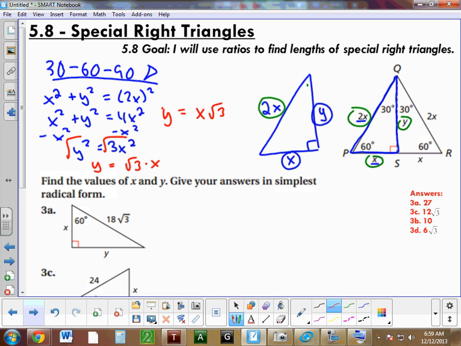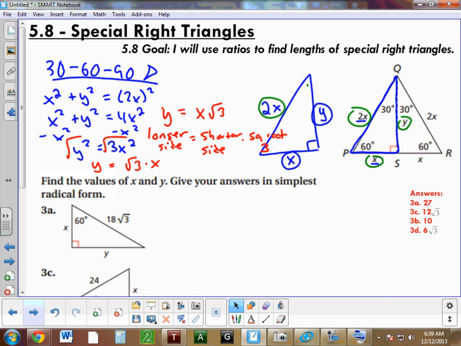So you can say that y, which is the longer side, should be equal to the shorter side, which is x, times the square root of 3. So that's just a way to write out the equation in words. Some people find that helpful. So the longer side equals the shorter side times the square root of 3.